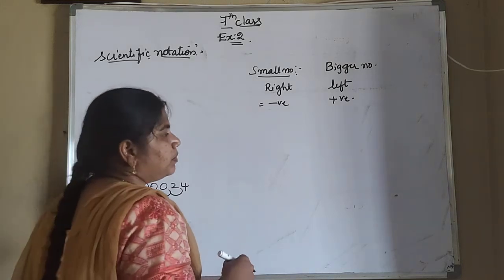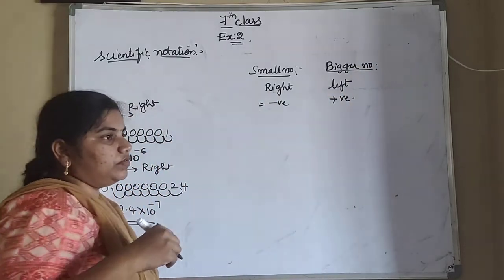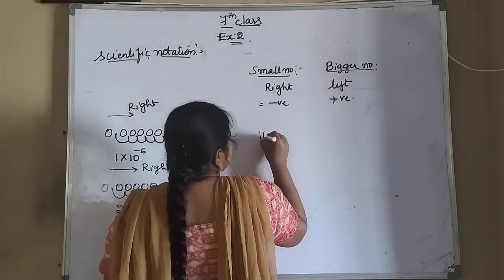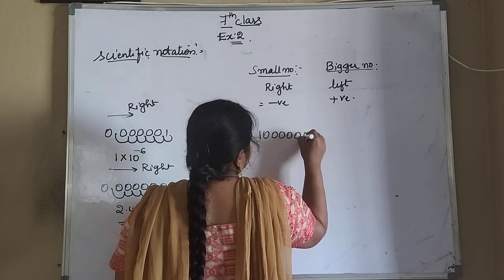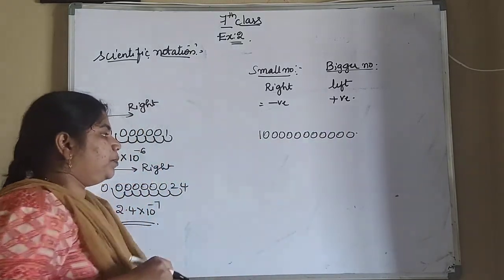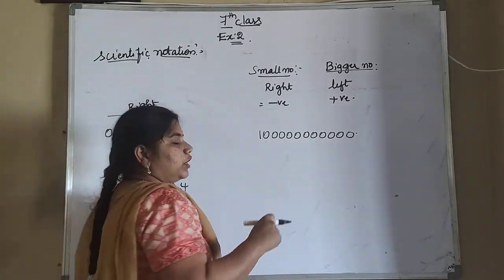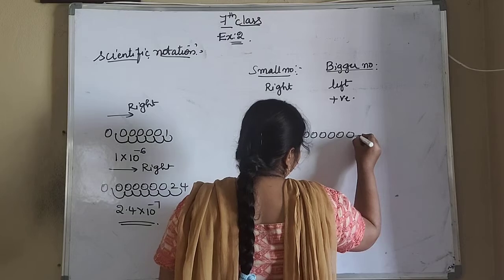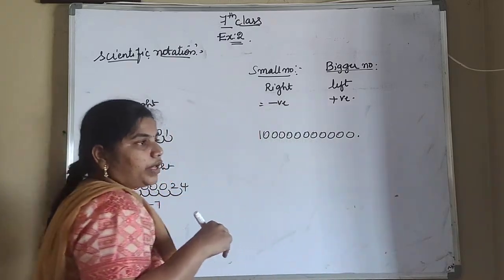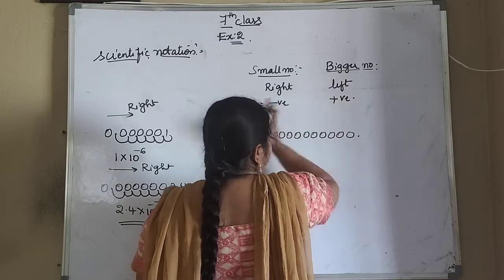For the biggest number, how to convert it into scientific notation, we will see. So I am taking a bigger number. This is a bigger number. In this number you don't have any point. If you are not seeing any point, the point is lying at the last. For bigger numbers we have to move the point to the left side.